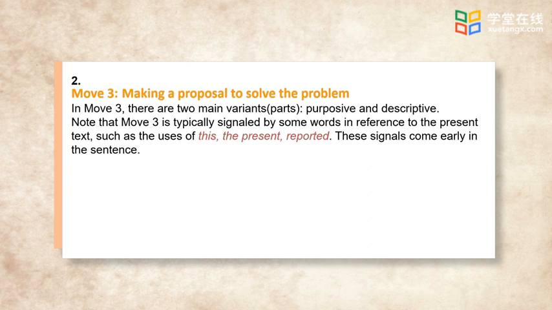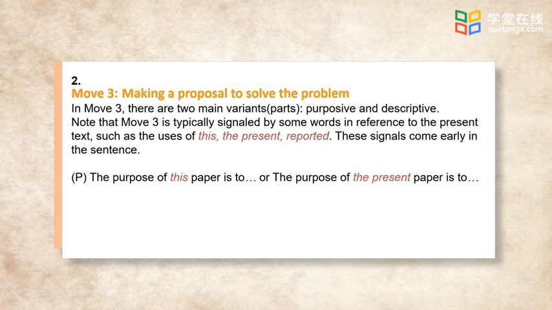The first element in Move 3 is obligatory. It has two main variants. The first, purposive. The author or authors indicate their main purpose or purposes. The second, descriptive. The author or authors describe the main feature of their research.